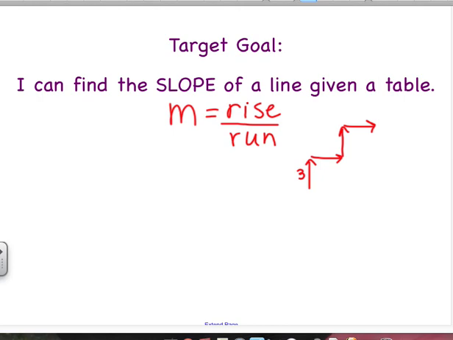And the distance of the run, let's say it's 4, that would be your denominator. So if this is the line that I'm calculating the slope of, rise and run is always 3 and 4, and the slope of this line would be 3/4, right? Up 3 over 4, up 3 over 4, and so on and so forth. So we've talked about slope being rise over run.